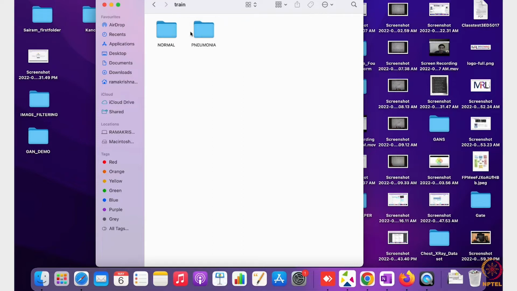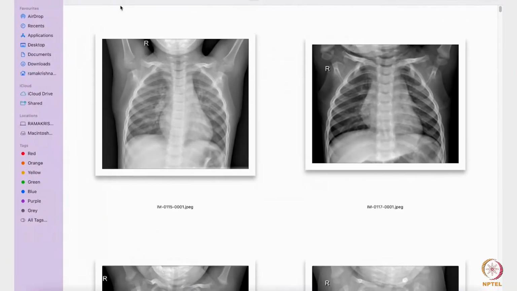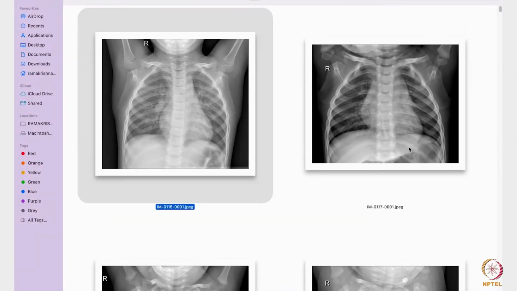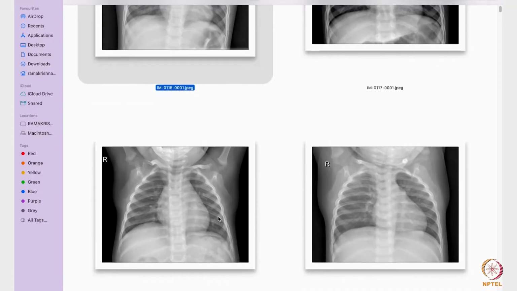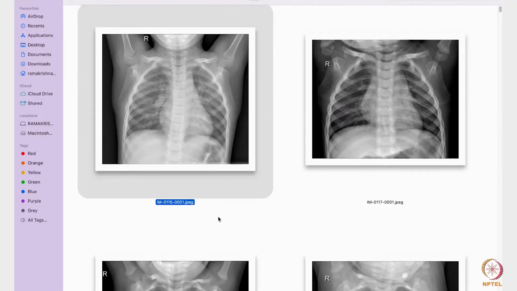Inside the train folder, you can see normal and pneumonia. Let me open normal. You can see this is how the images will look, and all these images are in .jpeg format.